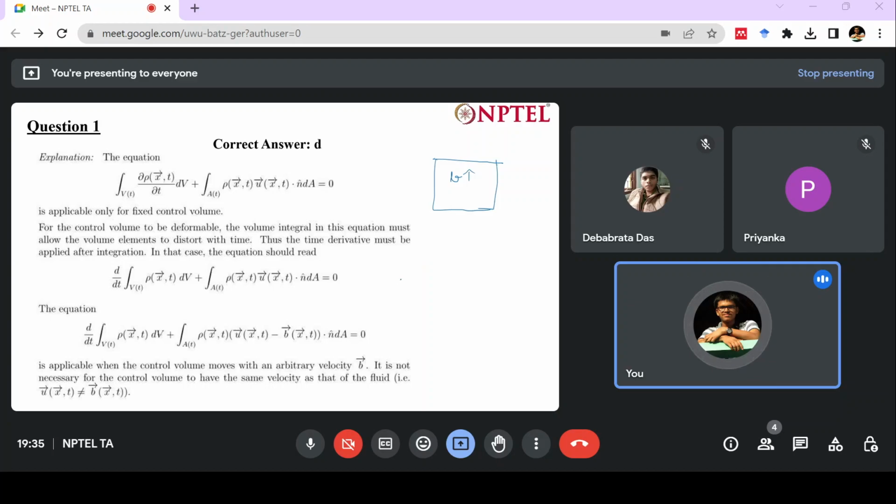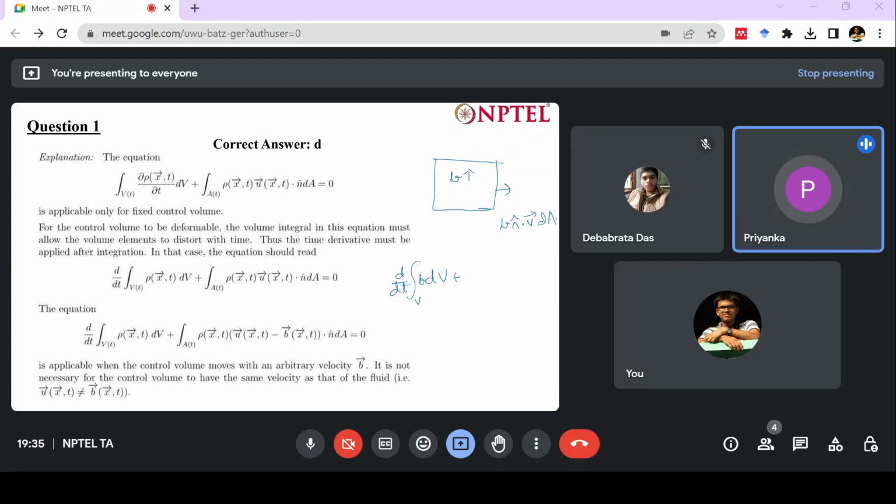So that's why the d/dt of this B inside my volume is coming into the picture, plus the flux inside and outside. For flux, I need to do this, right?